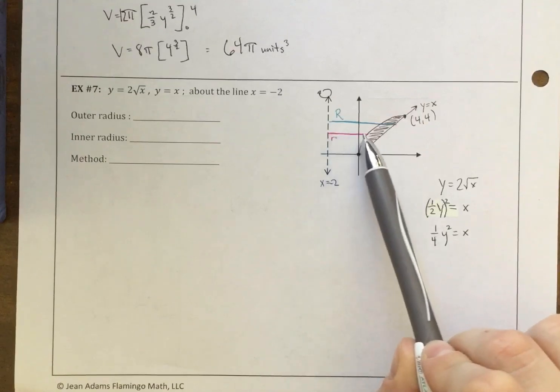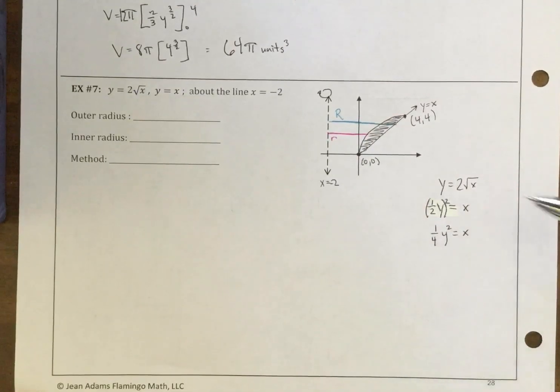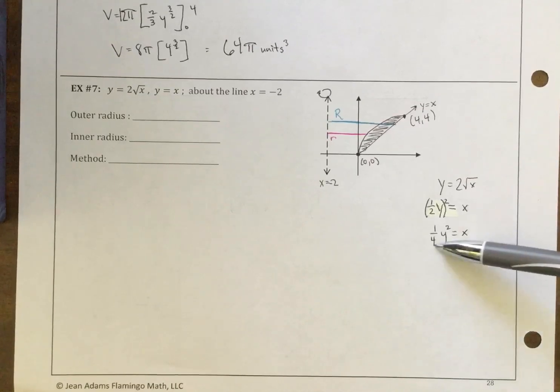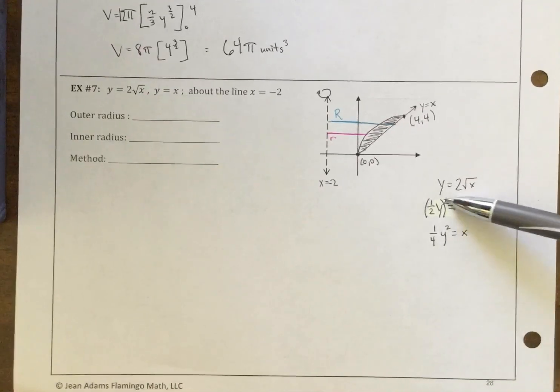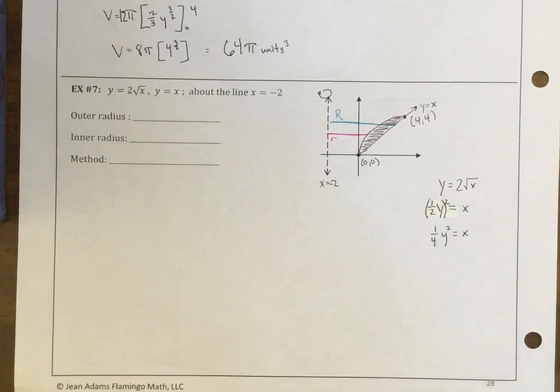Little r is going from x equals -2 all the way over here to 2 times square root of x. To be able to do this, we need to put everything in terms of y. So y equals x is fine, but we need to change y equals 2 square root of x in terms of x, and when you get that, you should get 1/4 y squared, because when you divide by the 2, then you're going to square after that, so the 2 gets squared also.